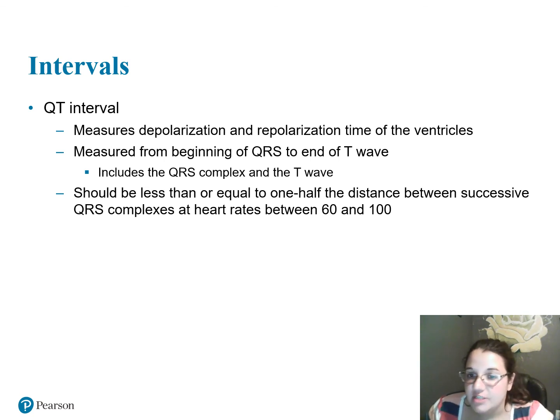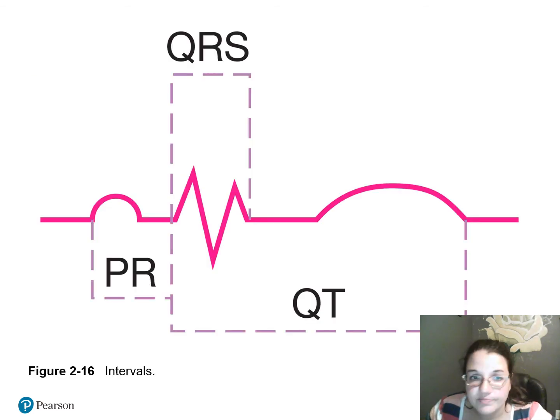This measure is done from the beginning of the QRS to the end of the T wave. This measurement should be less than or equal to 1/2 the distance between successive QRS complexes at heart rates between 60 and 100 beats. So we're going to look at 3 measurements: your PR, your QRS, and your QT.